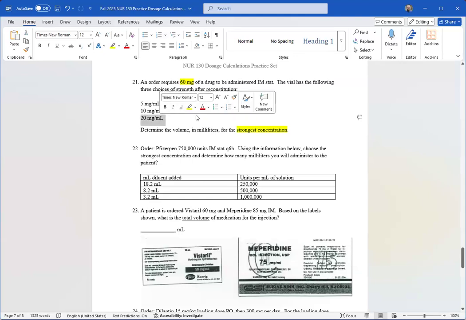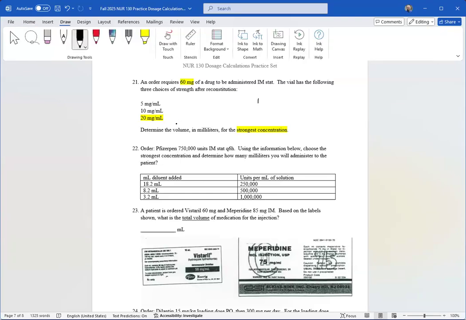And then the answer is 20. It's always the highest number per milliliter because you're getting more milligrams per milliliter. And so when you set this question up, and I know most of you are fine with this, I have the 60 milligrams per 20 milligrams times my quantity of mL, and that gives me 3 milliliters. Okay. So I think most everyone's okay with that particular question.